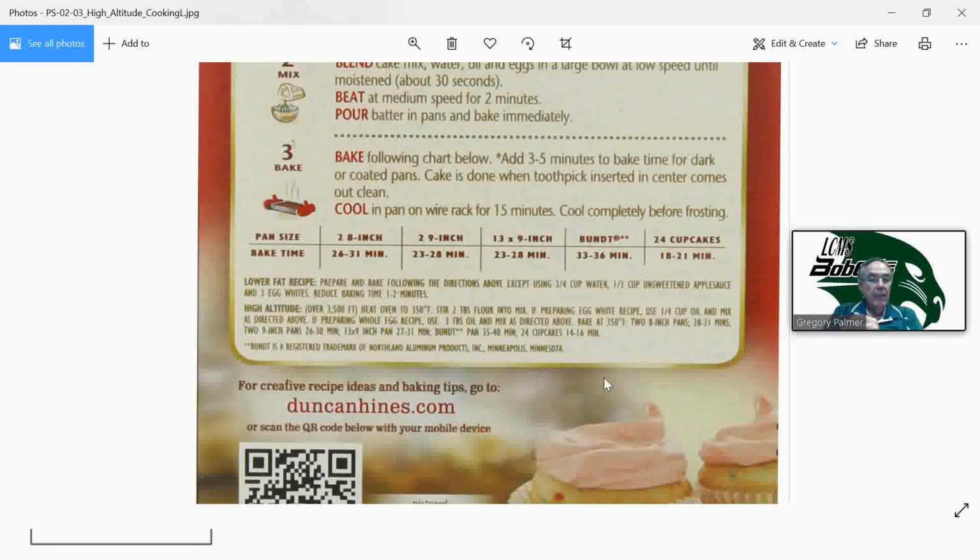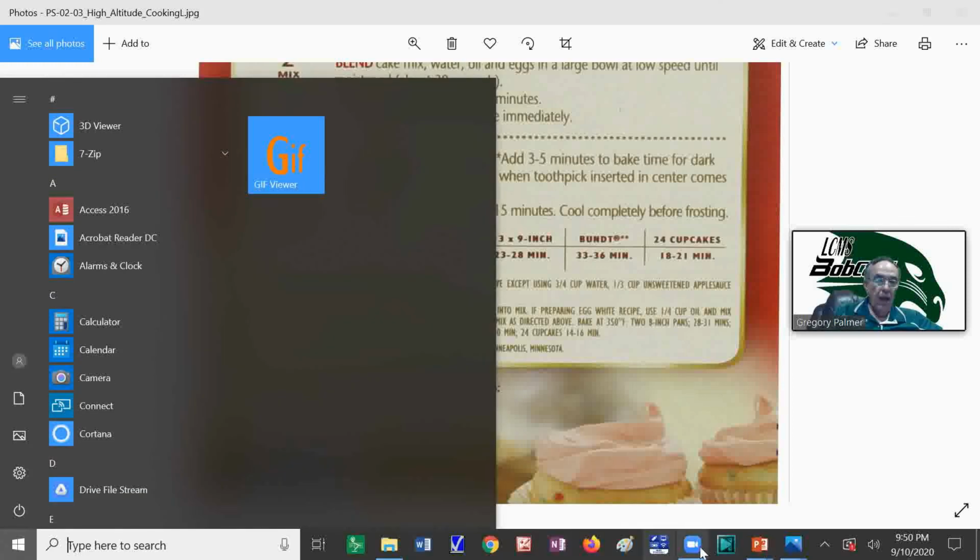So when you're cooking at these higher altitudes, the water boils at a lower temperature, so the cake is not at high enough temperature to cook, so you have to cook it for a longer time. That's another example of how air pressure affects our everyday lives.